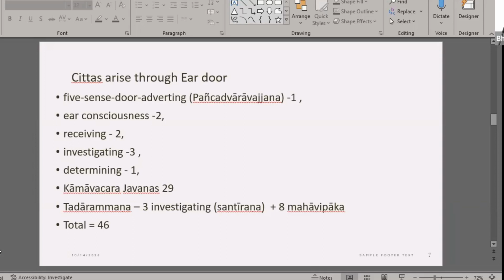Instead of ear consciousness, you have to add nose consciousness in the nose-door.